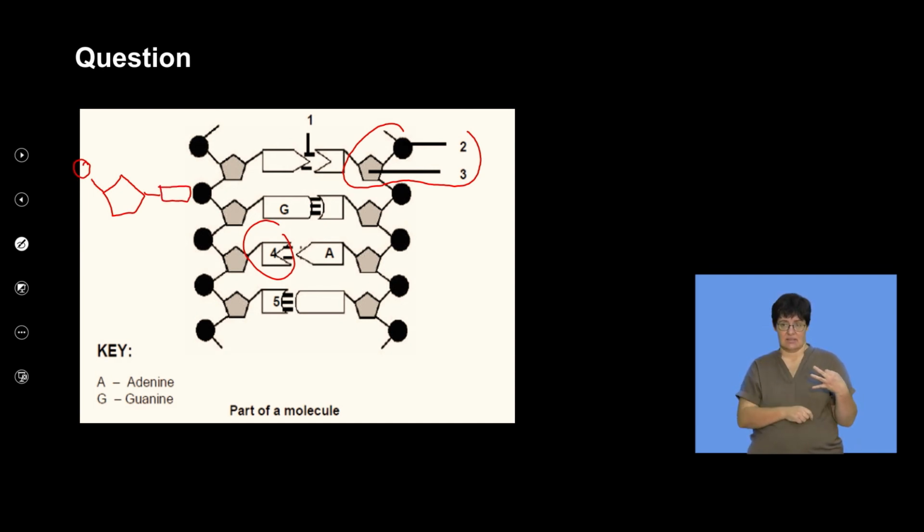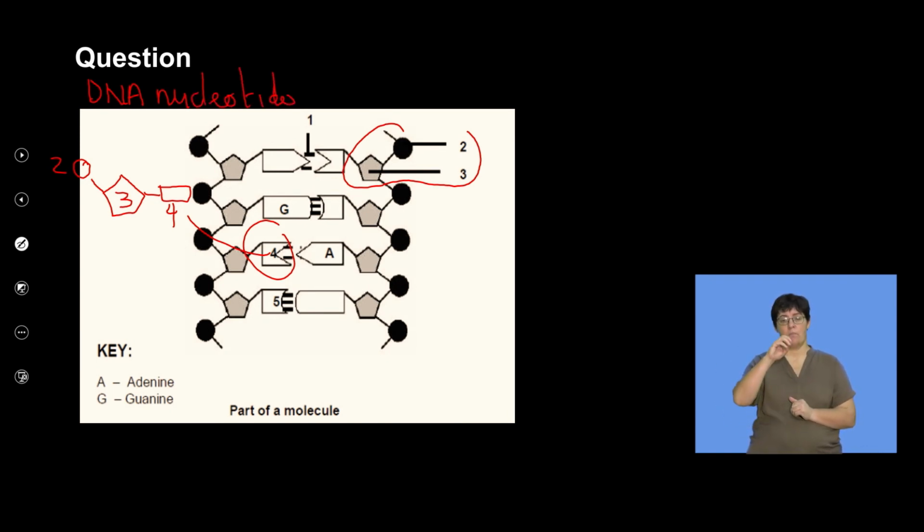So number 2 is the phosphate, number 3 is the sugar, and number 4 is the nitrogenous base. These 3 parts collectively are referred to as a DNA nucleotide, and we refer to that as a monomer of DNA, or a building block.